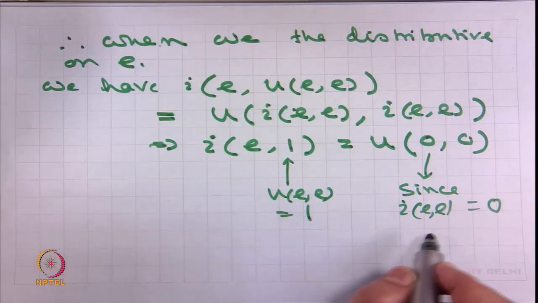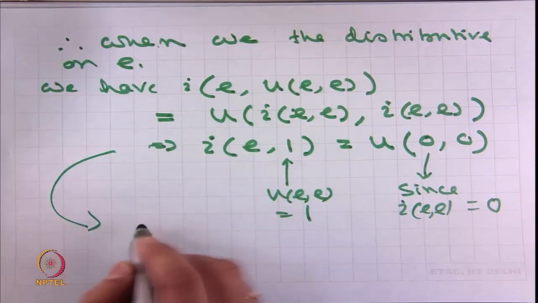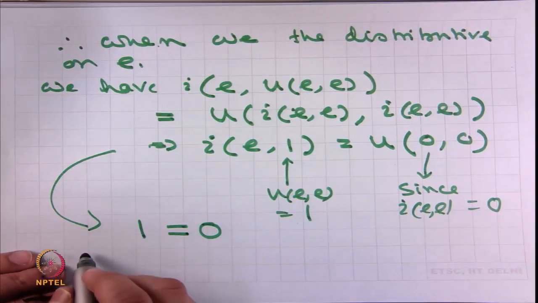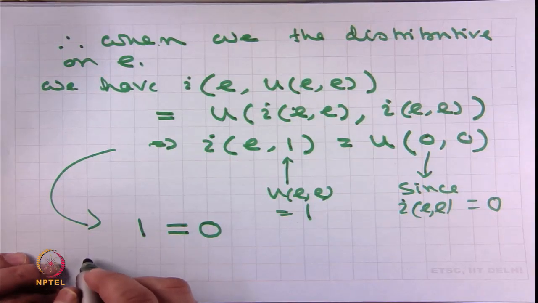Just now I have proved this. Therefore, this implies that 1 is equal to 0. This is a contradiction.